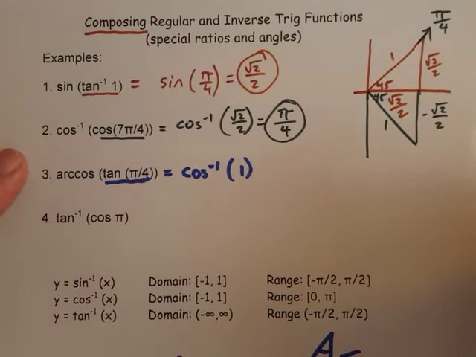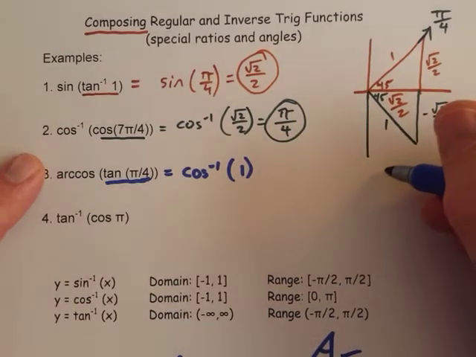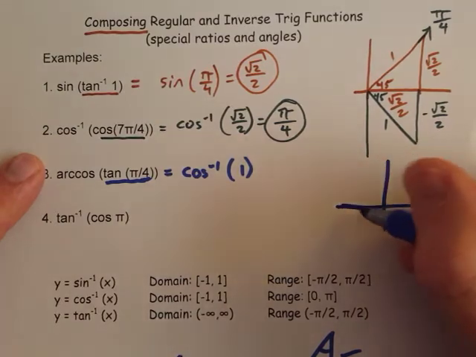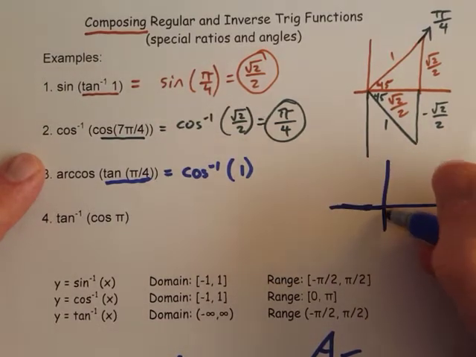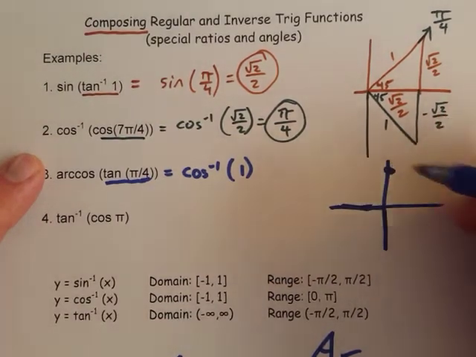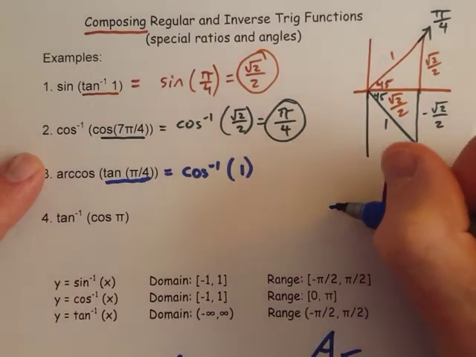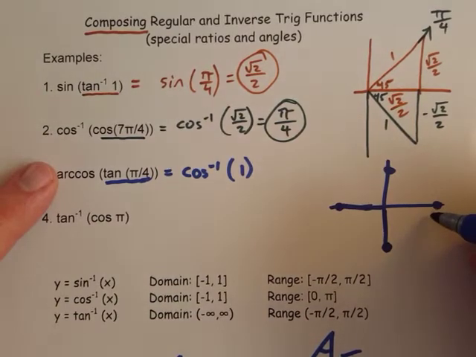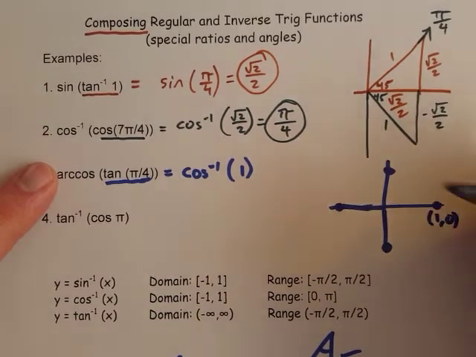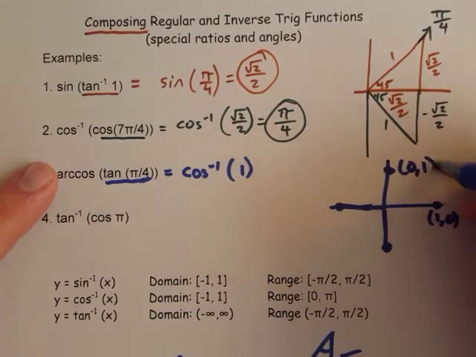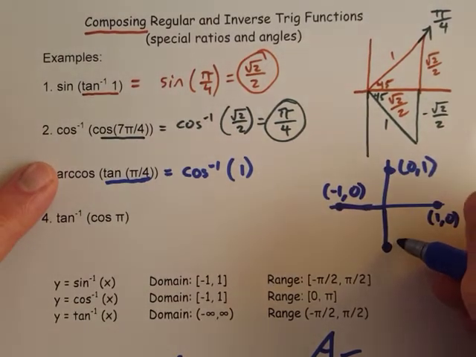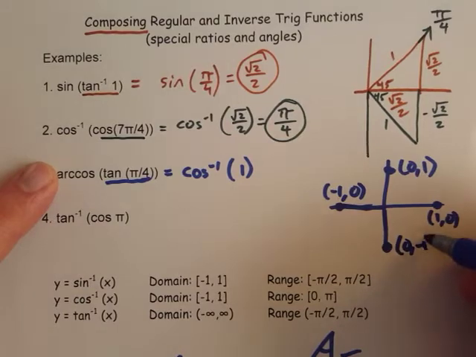It's going to be one of our quadrantal angles. So if you've exhausted triangles and you just don't know where to go, try the angles on the axes like these. So you'll notice that these points, we've made these before, where this is the point 1, 0, this is the point 0, 1, this is negative 1, 0, and this one is 0, negative 1.